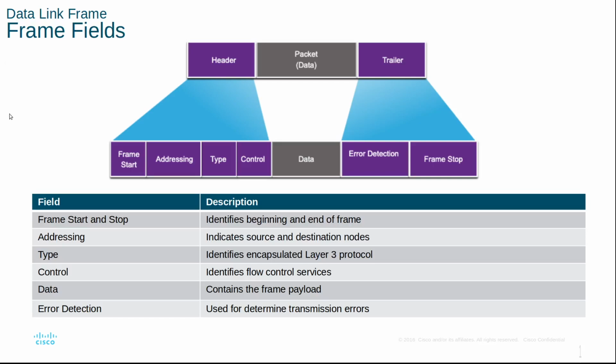The type is used to identify what layer 3 protocol is encapsulated. Control indicates if there are any flow control services and what they are. The actual data is the payload. And then the error detection, which goes in the trailer, is used for determining issues in transmission, so the frame can be checked and dropped if needed.